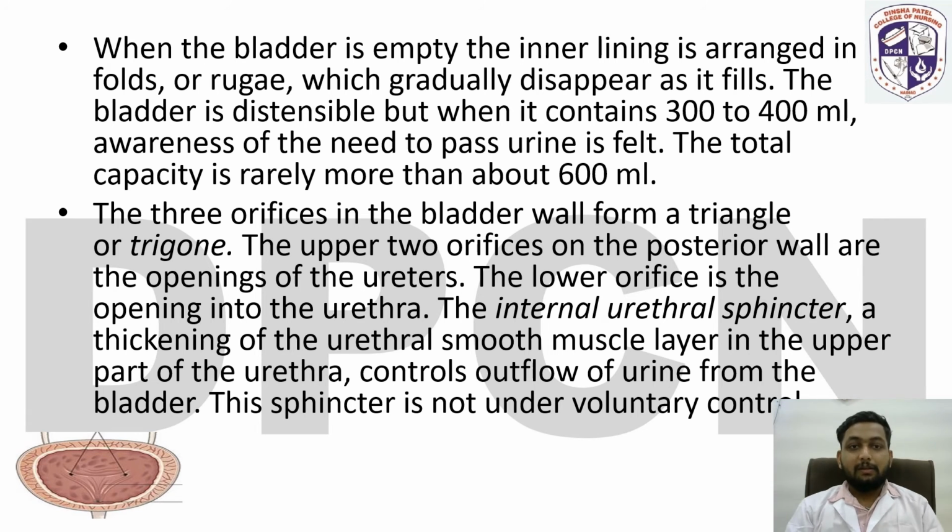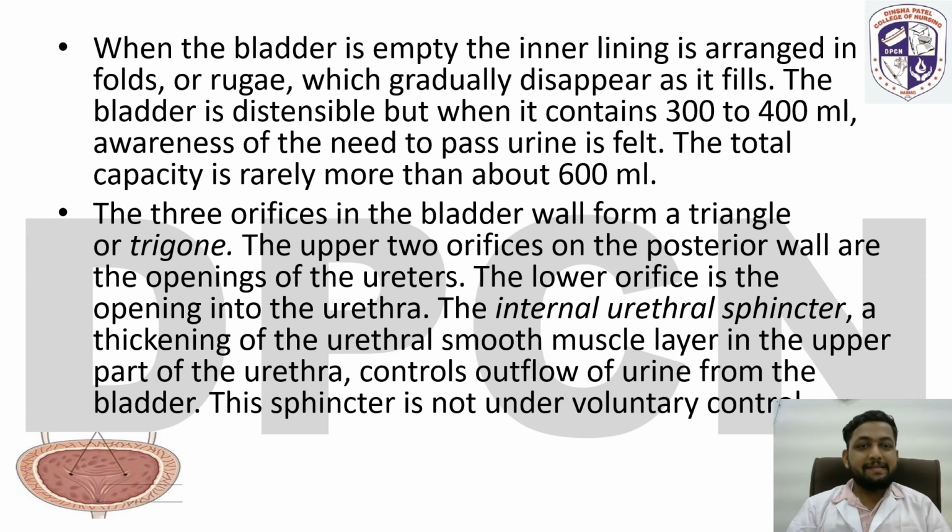The bladder is distensible, but when it contains 300 to 400 ml of urine, awareness of the need to pass urine is felt. When the bladder gets about 300 to 400 ml of urine, it will pass the message to the brain that urination is required, or urine should be passed.